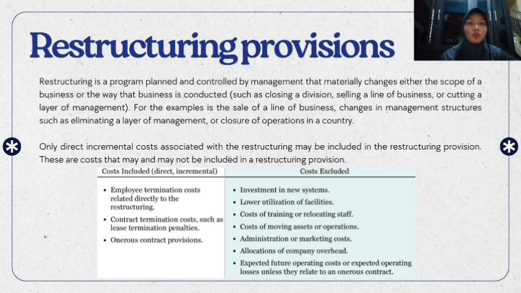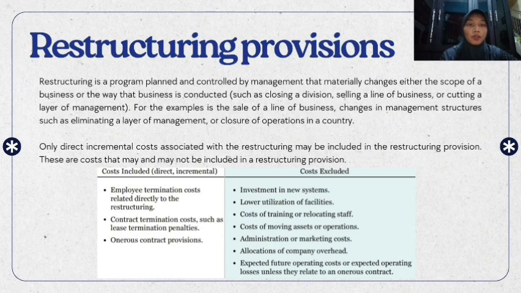So now let's move to the restructuring provision. It's a program planned and controlled by management that materially changes either the scope of a business or the way the business is conducted, such as closing a division, selling a line of business, or cutting a layer of management.